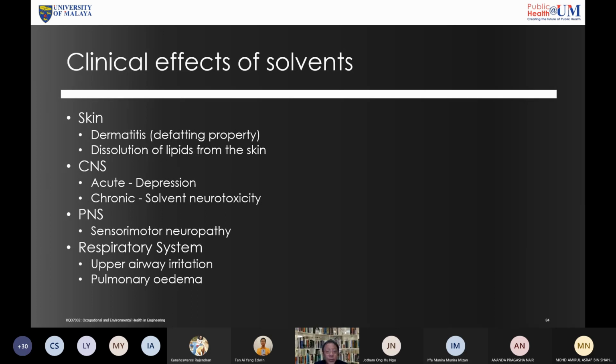Respiratory system: upper respiratory airway irritation, leading to pneumonitis and pulmonary edema because of the irritation of the chemicals. Chemicals irritate and you get pneumonitis, then pneumonitis will lead to pulmonary edema.